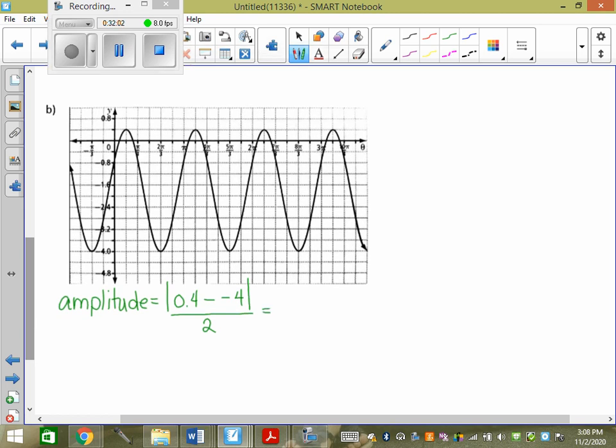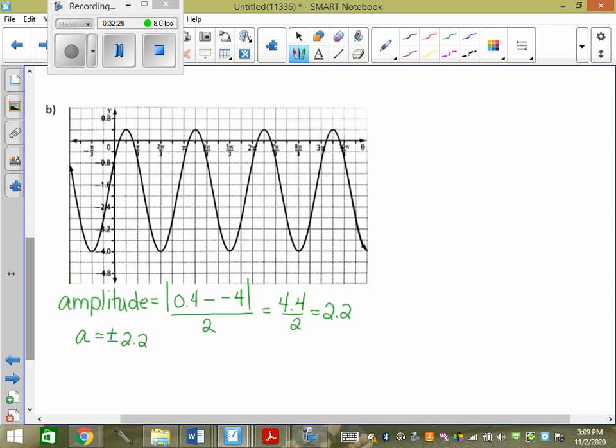So I'm going to get 4.4 divided by 2, which is 2.2. So sometimes the formula takes the brain matter out of it, like trying to count it. If not, you can go, okay, it takes me 4 to get to here, and then another 0.4, so that's 4.4. I have to halve it, right? So my A value is going to be plus or minus 2.2.